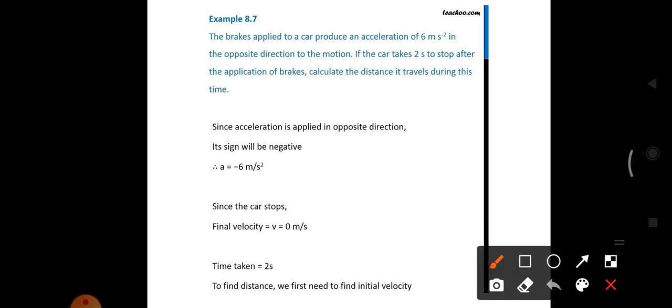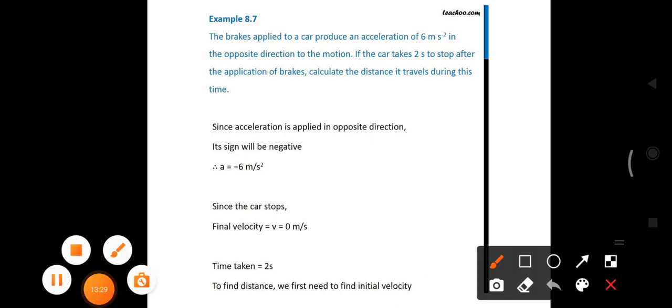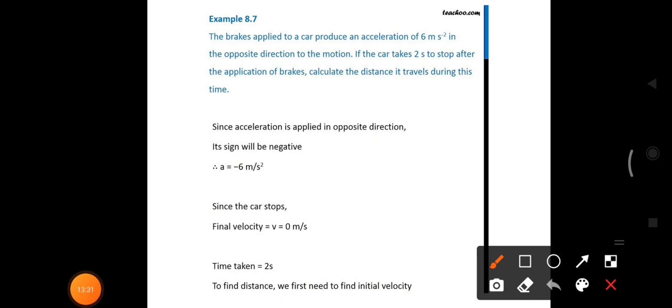Since acceleration is applied in the opposite direction, its sign will be negative. So a equal to minus 6 meter per second squared. Actually the acceleration takes a positive value, but when we apply a brake, the acceleration takes a negative value.